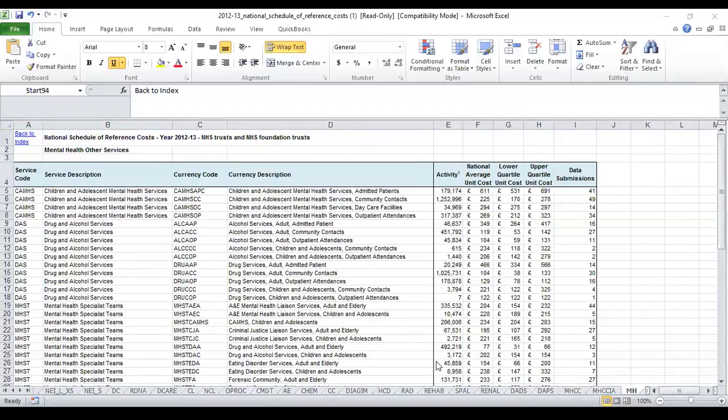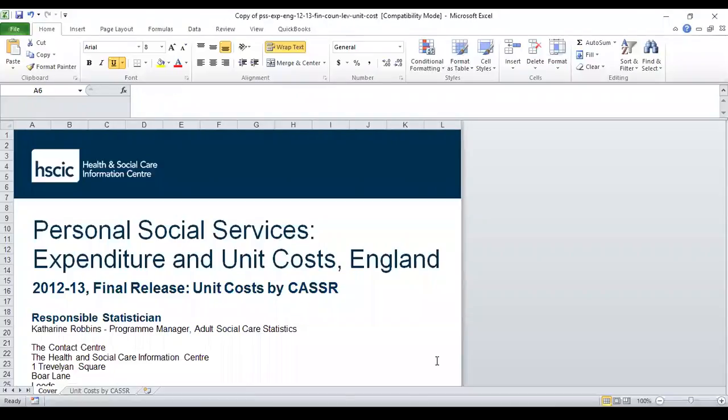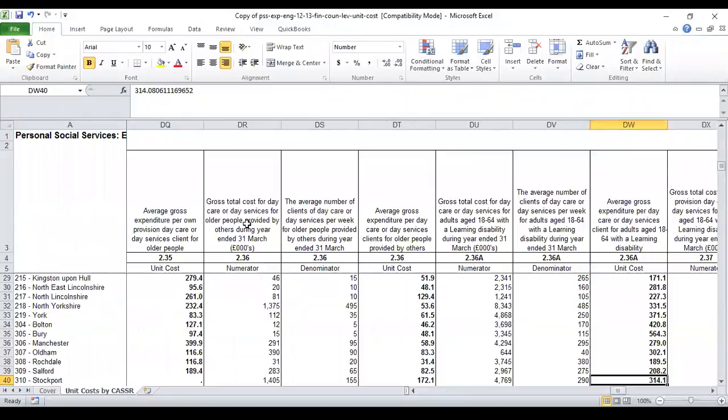Right, so what else have we got? So this one, the personal social services expenditure and unit costs. Again, it's useful in terms of social services.